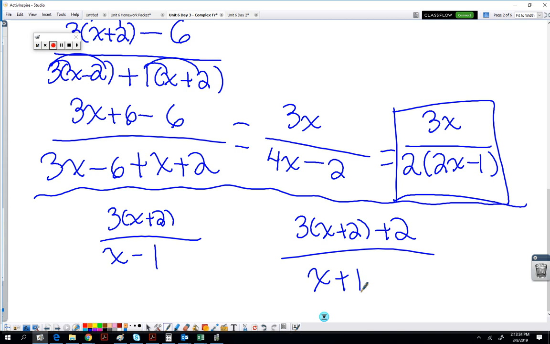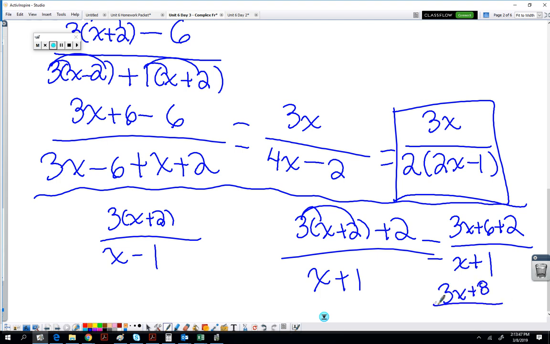This is when you do have to distribute because it's not simplified enough. You have to multiply by distributing, and then you would have to combine like terms. So that is very important. I hope you see the difference. So this is just together, and this is attached to something.